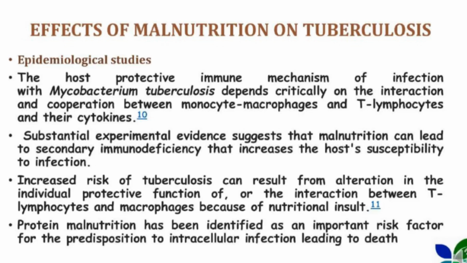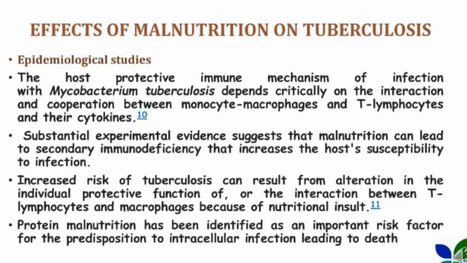Substantial experimental evidence suggests that malnutrition can lead to secondary immunodeficiency that increases the host's susceptibility to infection. Increased risk of tuberculosis can result from alteration in the protective function of, or the interaction between, lymphocytes and macrophages because of nutritional insult.